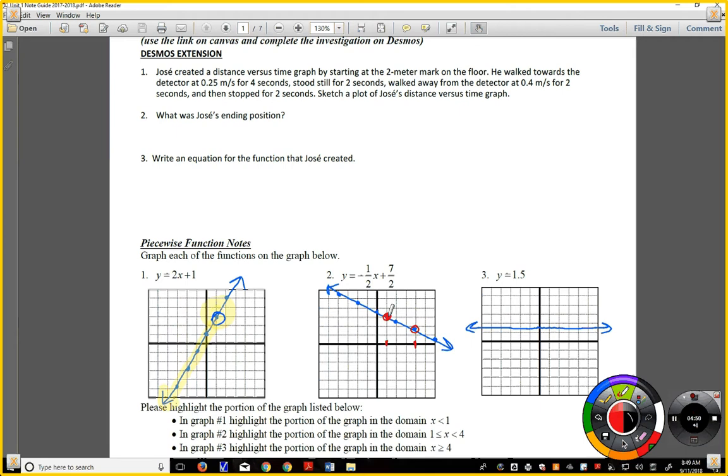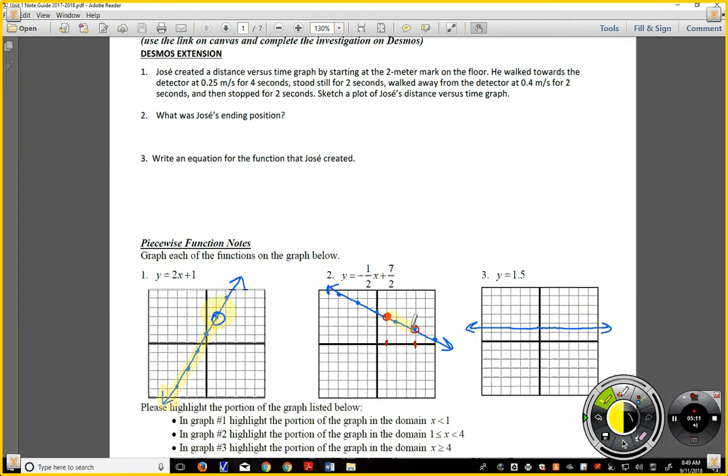No. That means I want to come all the way up to that point, everything in between, but I don't actually want to count an x value of 4. So I don't want that point (4, something) included, but I want to go right up to it. So I'm going to leave it as open. And so what I want to include from here is all of this, with a closed endpoint here and an open endpoint here.